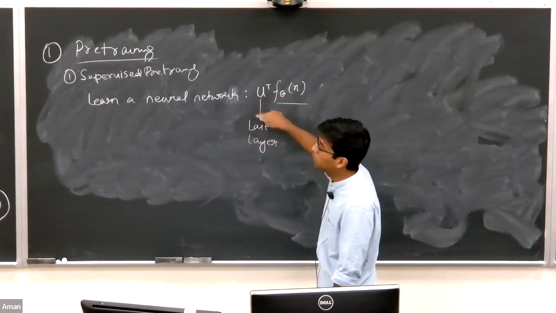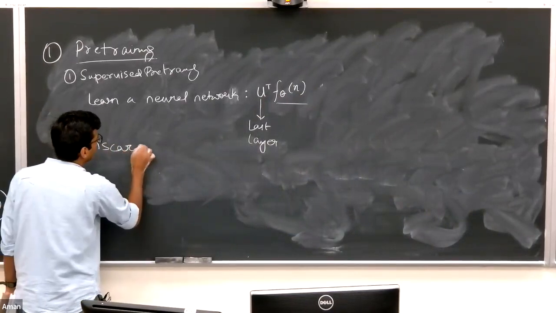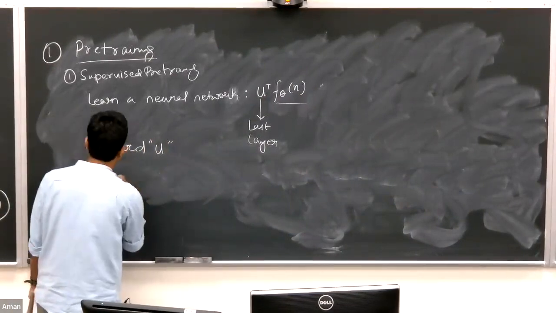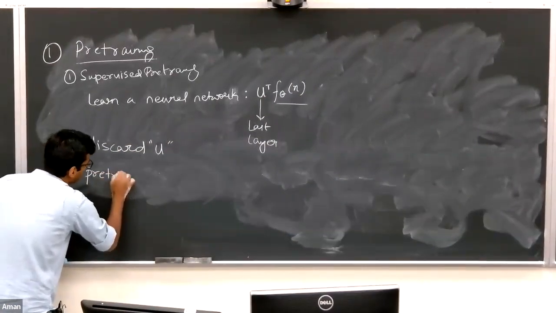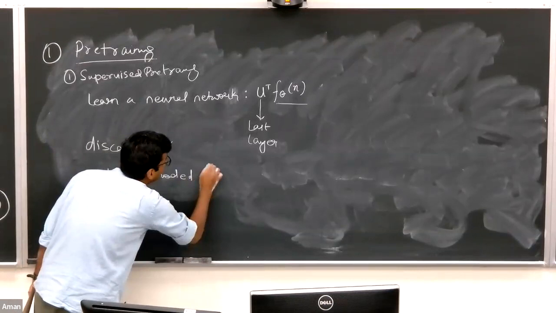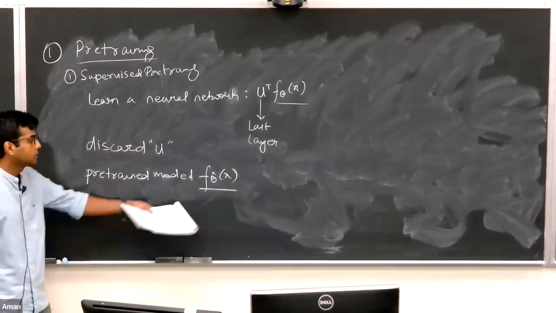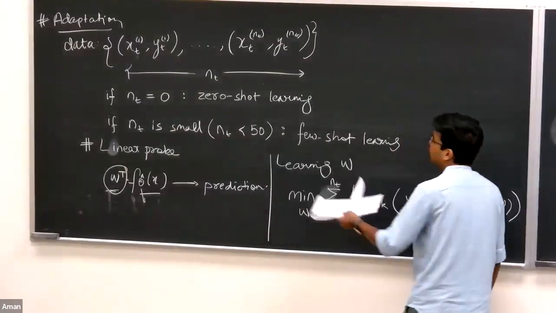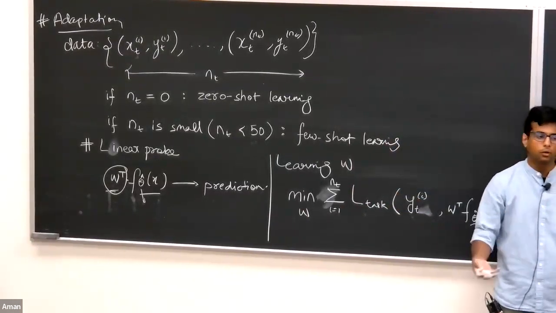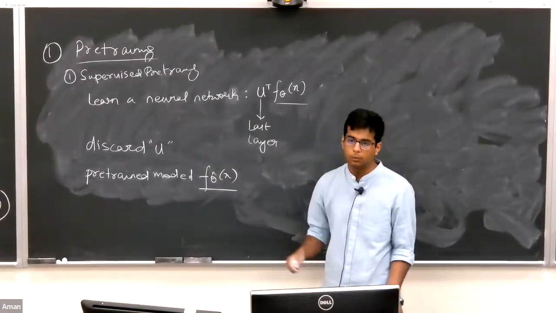And then you throw away U. You just discard the last layer, and that gives you a pre-trained model. That's theta. Then you can use this as a pre-trained model in the adaptation step to train it on a fine-grained task. Right, this is just supervised pre-training.